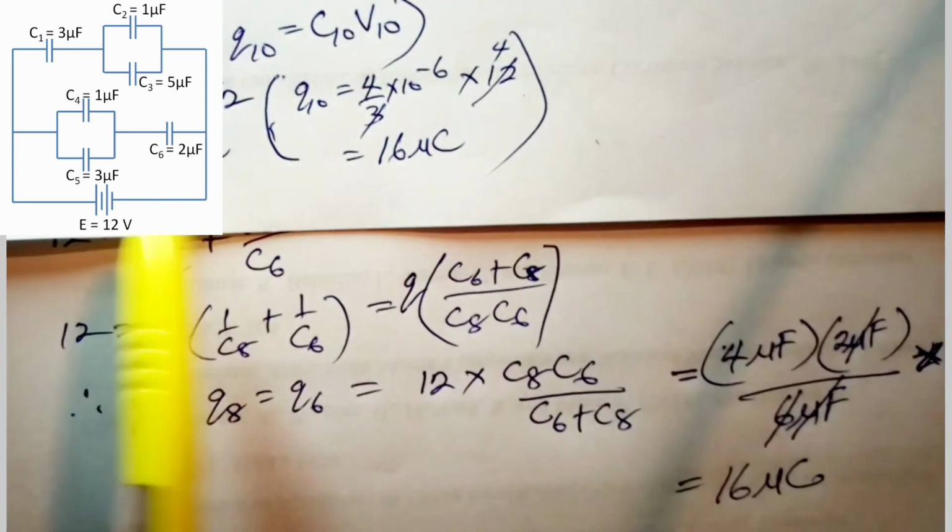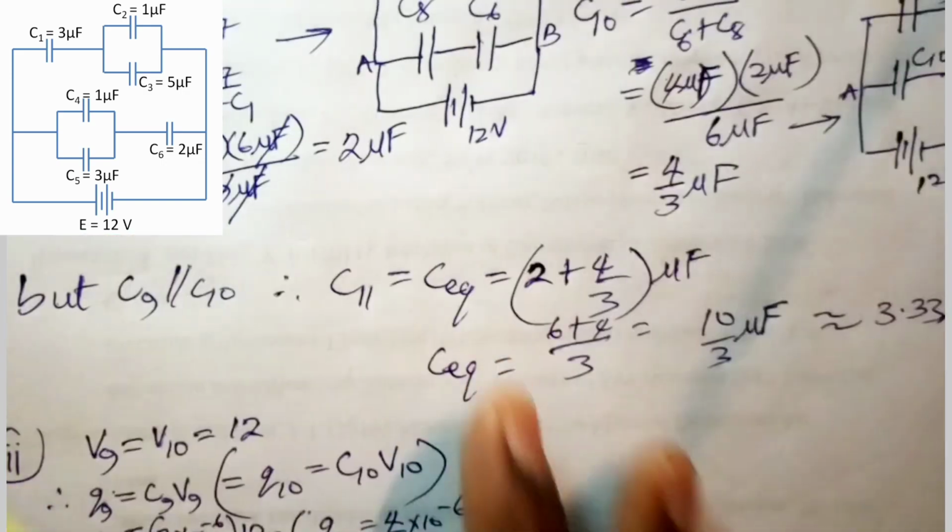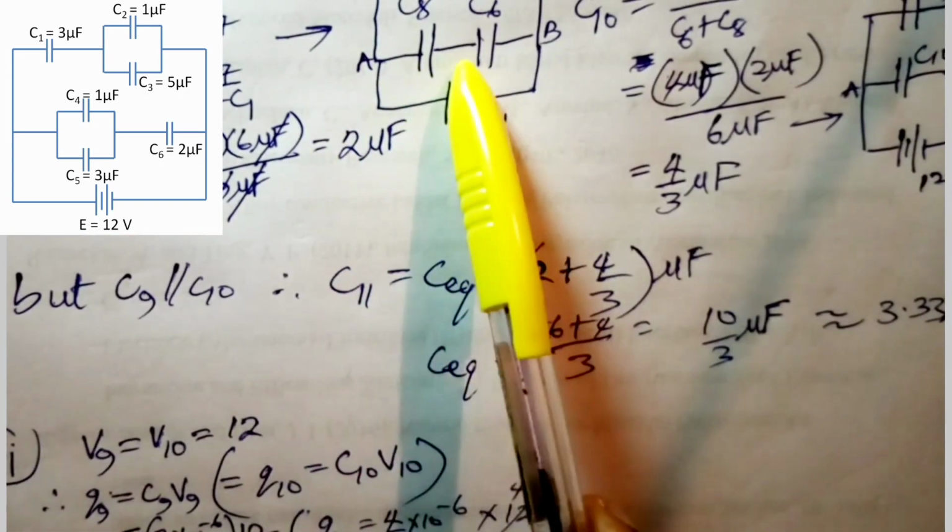A charge of 16 microcoulomb crosses here, C8 and C6, this place.